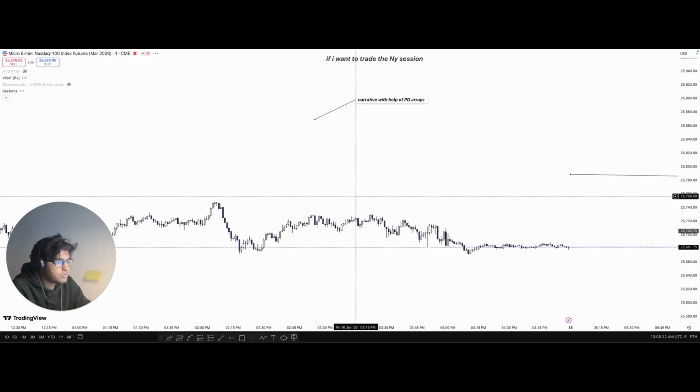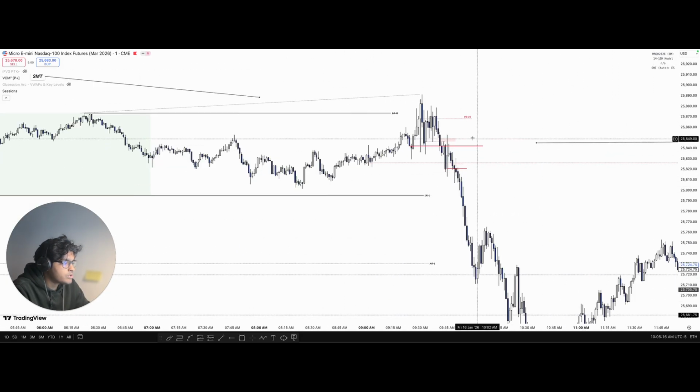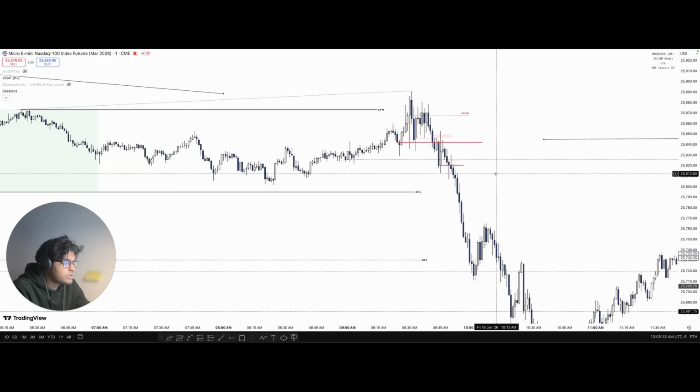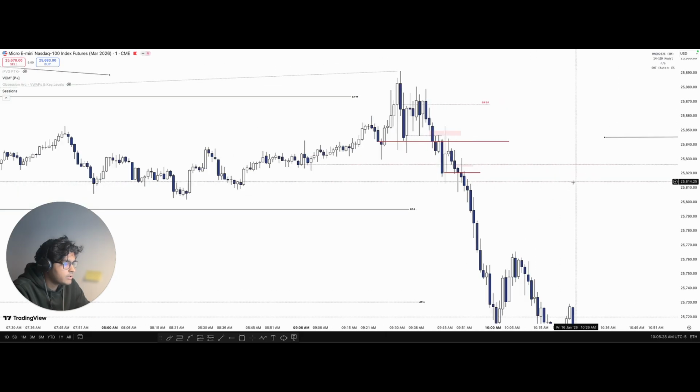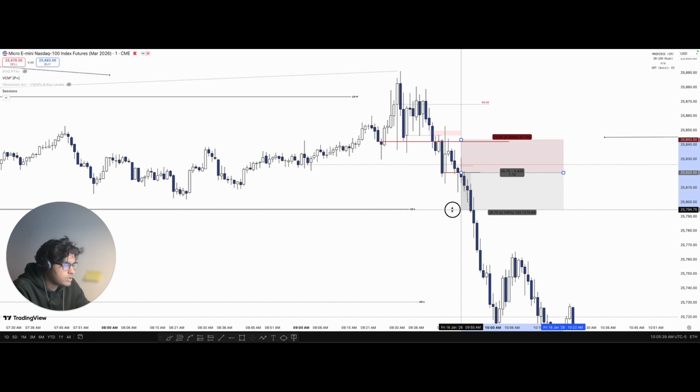Suppose I don't get an entry at the top, which is this fair value gap. What I can do is literally wait for a confirmation, when the price went up higher, took out, reacted from here, and created another change in state of delivery. So I can literally take a trade from this one, like this, targeting 1:1, 1:2, or our draw on liquidity.